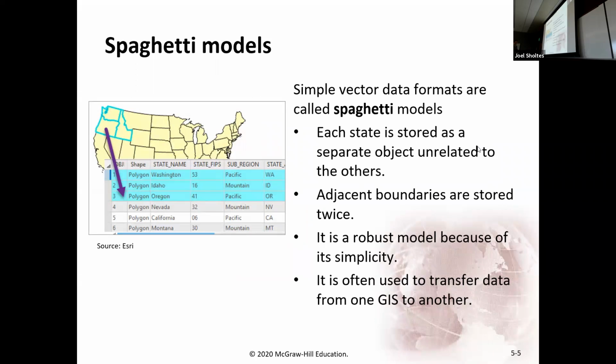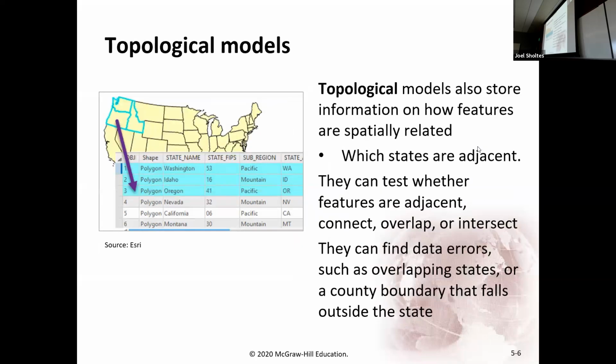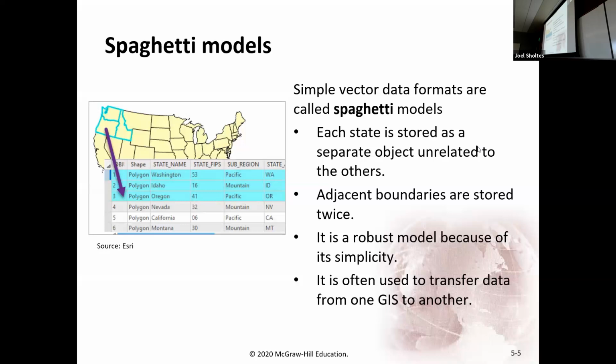Yeah, I don't know what to say about spaghetti models. We're not going to really cover spaghetti models. I guess the idea of a spaghetti model is here's a bunch of shapefiles, and each one is unique. So I can click on Washington, and it has its own boundary. I can click on Oregon, it has its own boundary. Idaho has its own boundary.